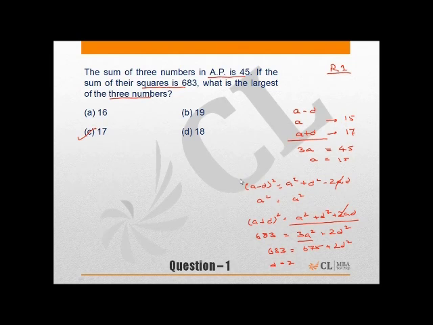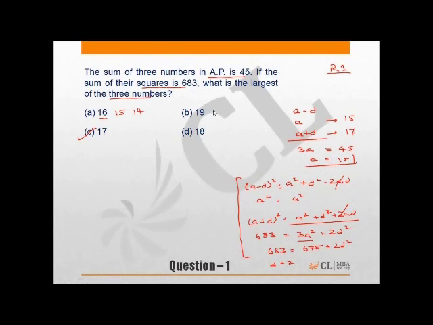Now some of you may not be very comfortable with this calculation, though it is not difficult, it is simple. As an alternate method, you could have used the choices. If the middle term is 15 and the answer choices are the largest term: if I assume that the largest term is 16 and the middle term is 15, the smallest term should have been 14.